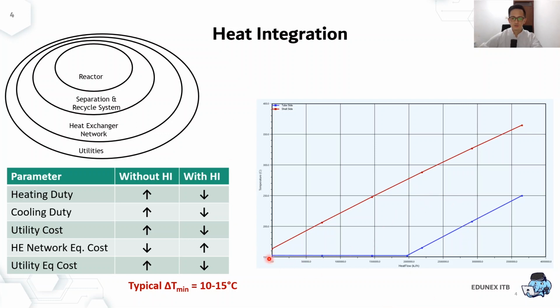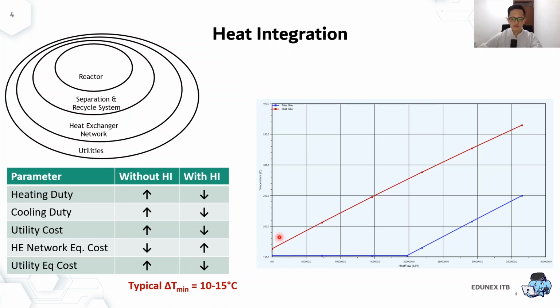When we set the delta T minimum approach to be 10 degrees C, for example, we have to make sure that the red line, which is the hot stream, will always be above the blue line, and the closest vertical distance will be the delta T minimum. In this case, the delta T minimum is found at the left end of this heat exchanger.